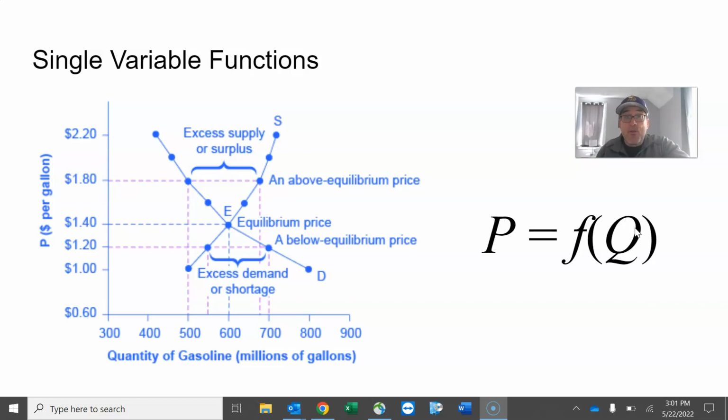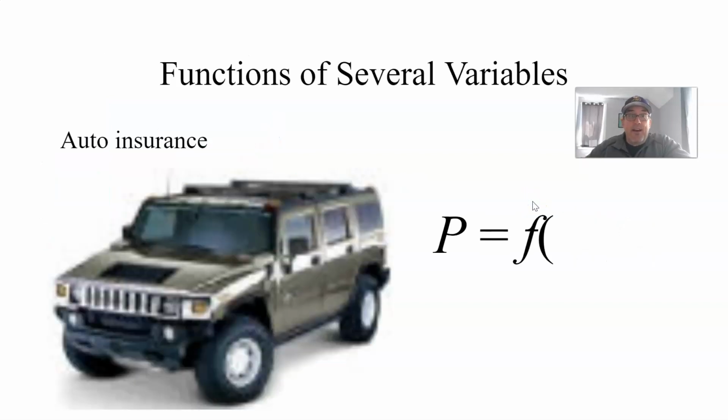But now we're going to move into a world where we can think about multivariable functions. And I want to convince you just immediately here that this is not uncommon. Think about this situation. Auto insurance. If you've ever had to think about auto insurance in your life, you would quickly realize that this is a multivariable function.